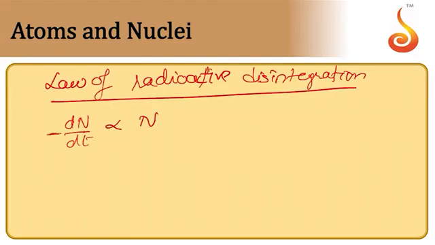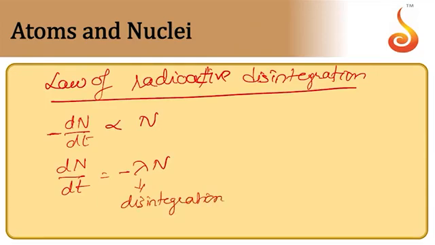As it is a decay, we can write minus dN by dt. And dN by dt therefore can be written as minus lambda N, where lambda is a constant called the disintegration constant, or decay constant.